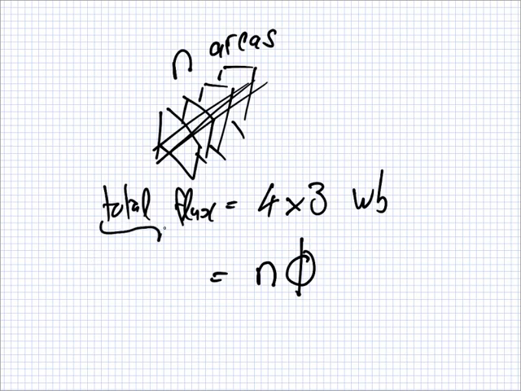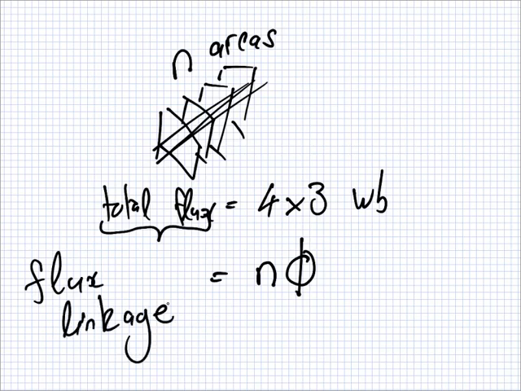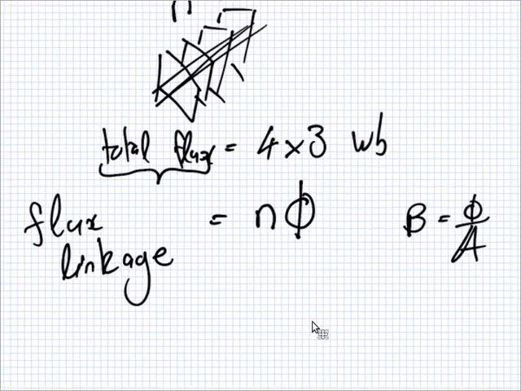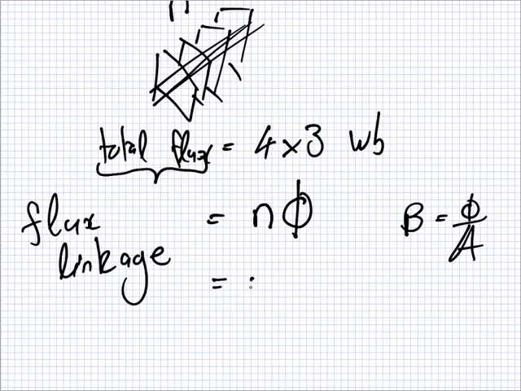This is the total flux, but it has a special name. It's called the flux linkage. It means total flux. Also remember that flux density is flux over A. So another way to write this formula will be NBA.